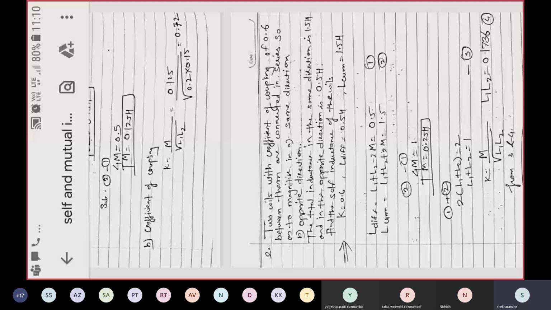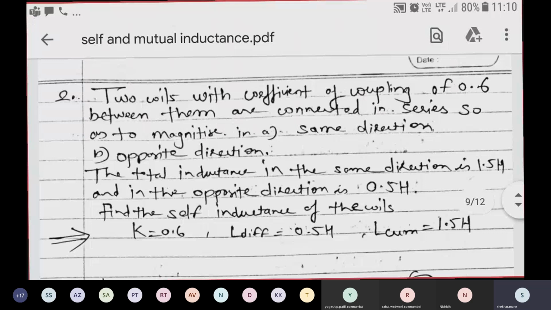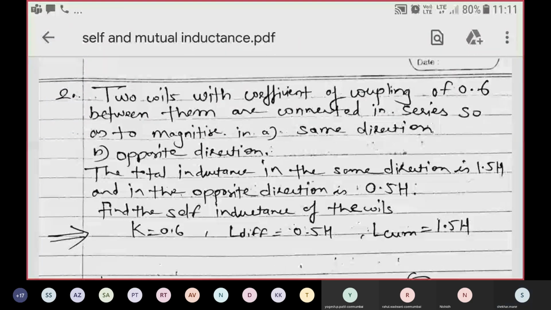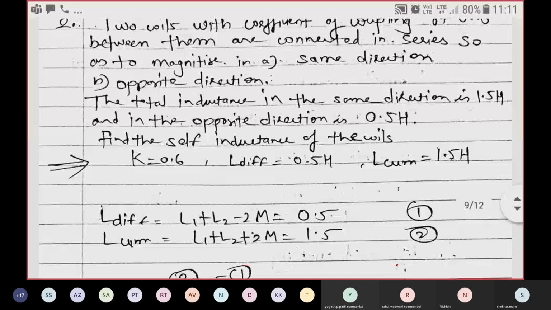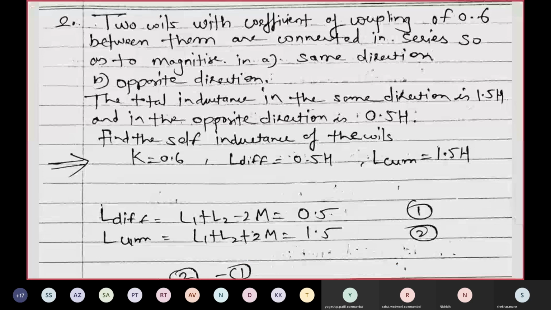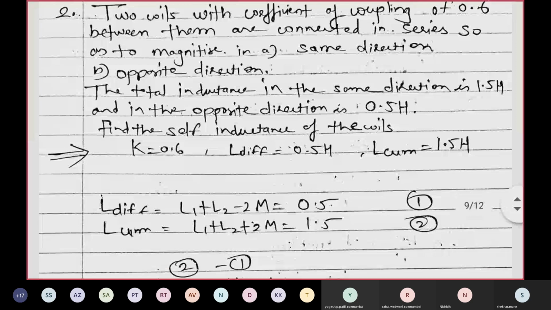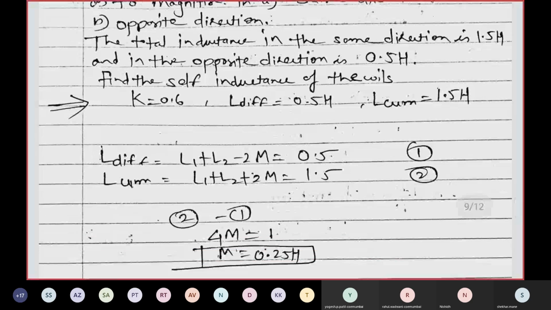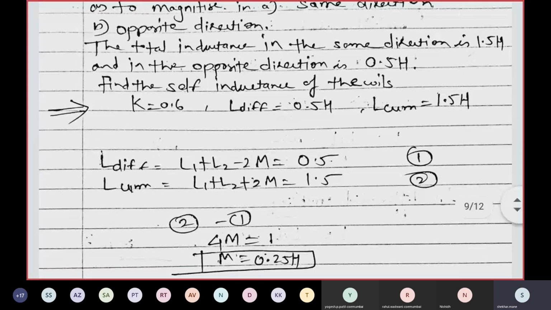All of you can see this problem. Now you can use these two formulas.